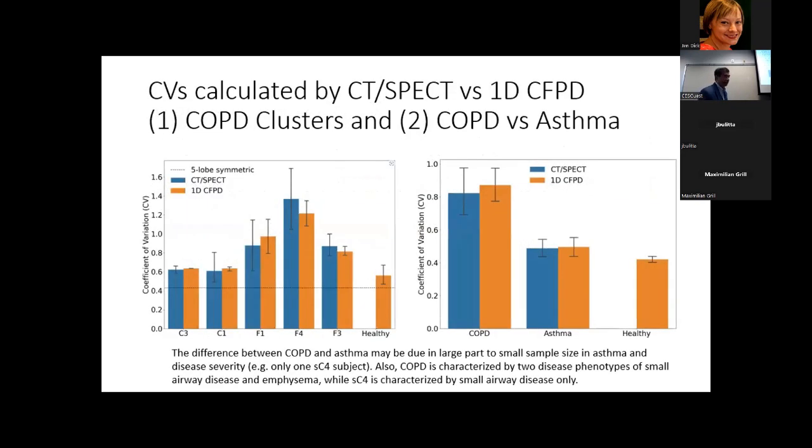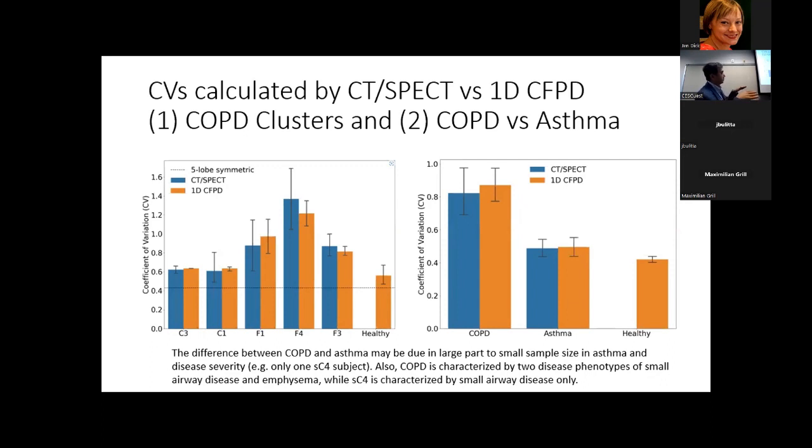Now let's compare CFD and CFPD predicted CT and SPECT results. So on the left-hand side, C stands for current smokers, F for former smokers. And you can see C1 and C3 are almost the same.